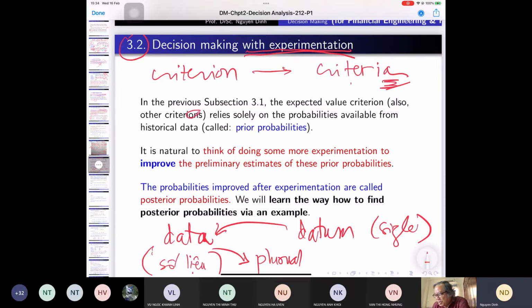So here it is criteria. It's my mistake. Datum, you should remember. Some of the words are Latin, so it's always like this, then the plural becomes a. Datum, data, criterion, criteria, maximum, maxima, extremum, extrema. It's just for fun, but you should know that.